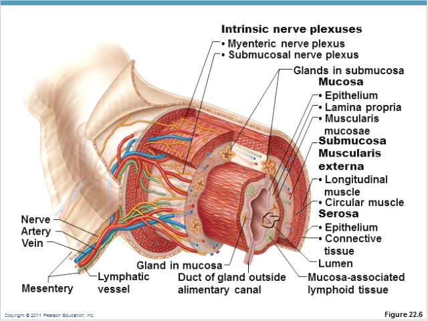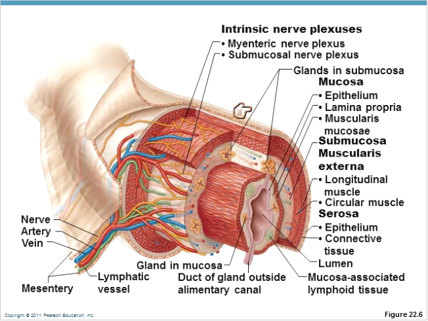And then we have the muscularis externa. The muscularis externa includes the longitudinal and the circular muscles that help to move the food through peristalsis.